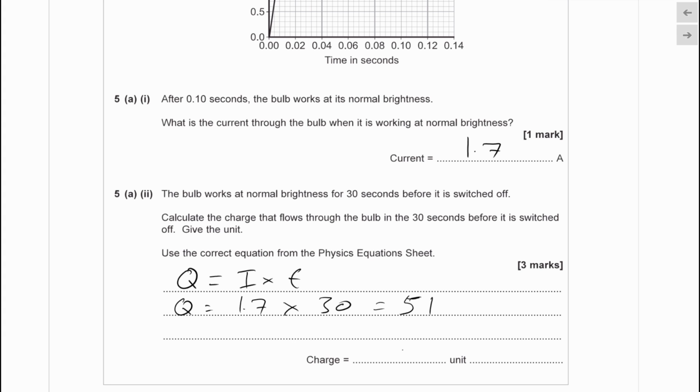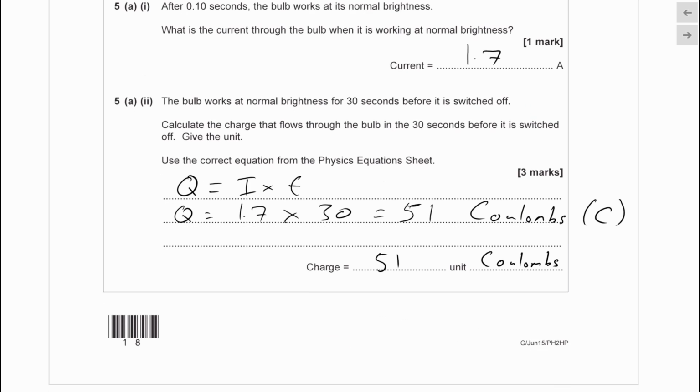Okay, and that's 51 coulombs. And that is spelled C-O-U-L-O-M-B-S and a capital C for short. All right, so I'm going to say 51. And just to be safe, I'm going to say coulombs. You're told in the mark scheme that you could have written a capital C, but I would be careful because if you write a lowercase c, then you don't get the marks.